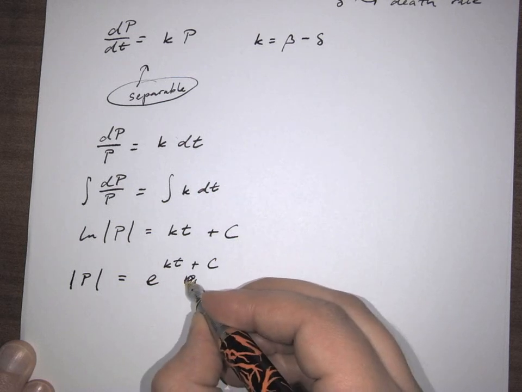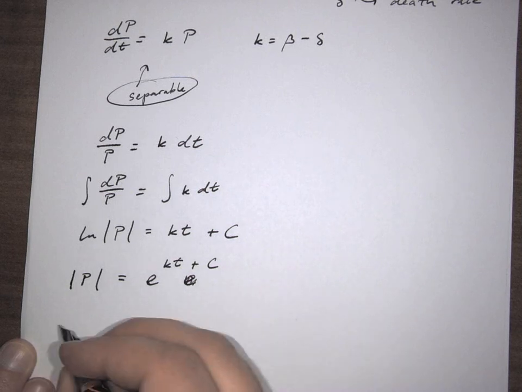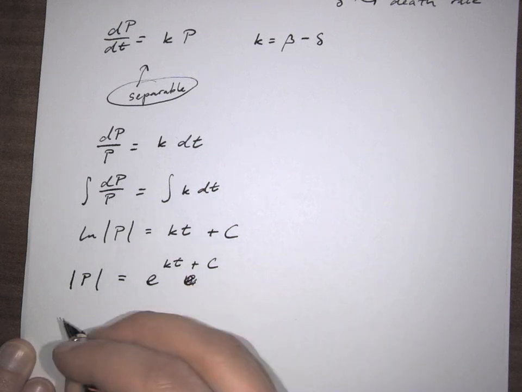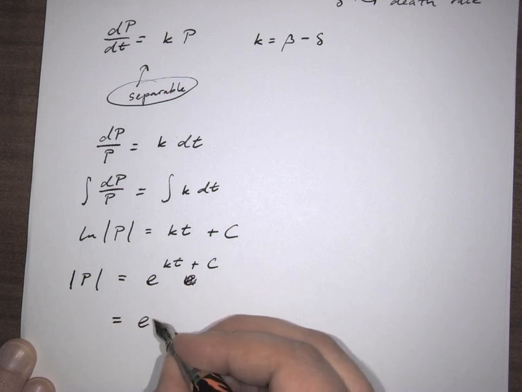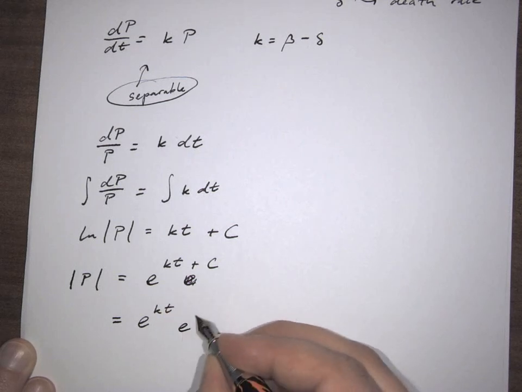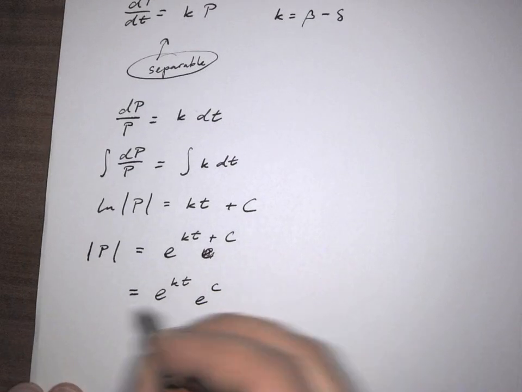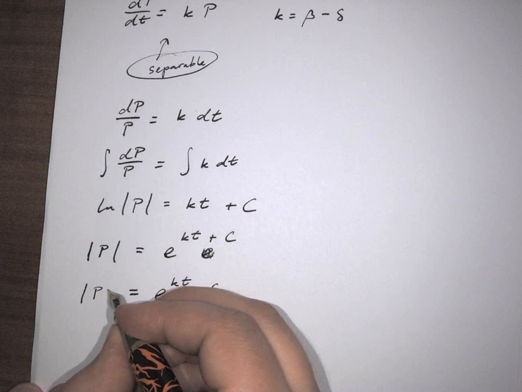Same line of reasoning as it's always been. I'll avoid taking too many unnecessary leaps here, but it is the same line of reasoning as in those two previous examples that were similar to this. So that's e to the kt, e to the c, and so that's the absolute value of p.